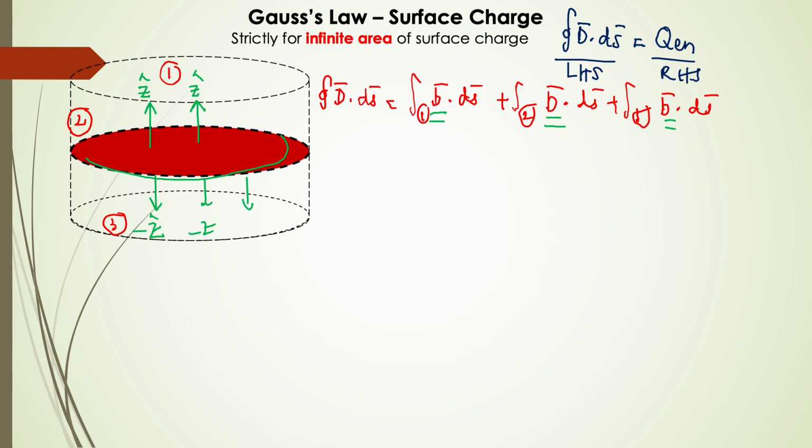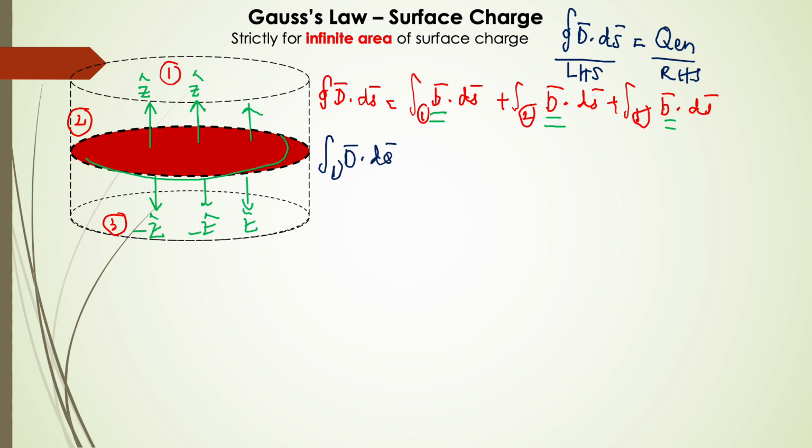These are the directions of the flux that can exist for this surface charge. Once we know that, let's look into surface number 1.